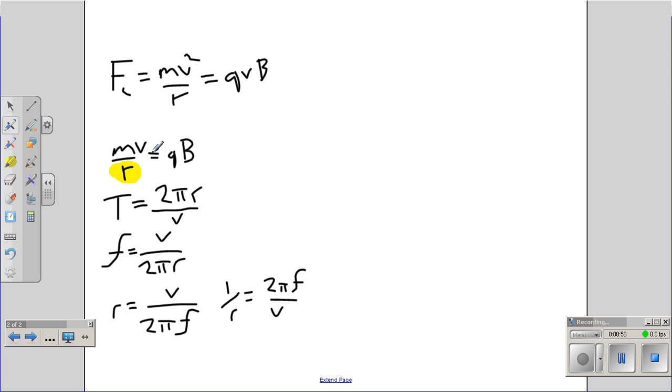Now let's multiply by mv. So now we have mv times 2 pi f over v, which equals qB.